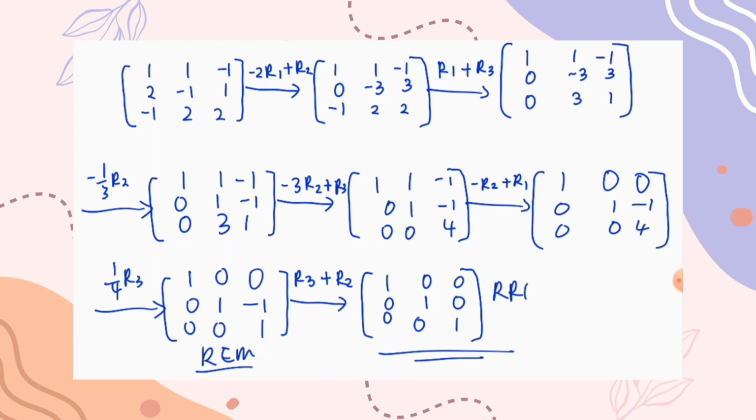This is an RREM. As you can see here, in the REM part, you already have an REM because you have 3 leading ones that go down in a staircase type of style. And this actually brings no problems when you want to call it an REM. However, in this question, we're trying to find our RREM, which means that we have to make the rest of the numbers zeros.